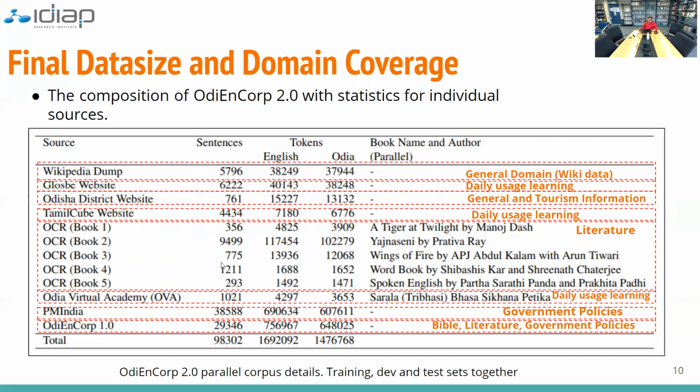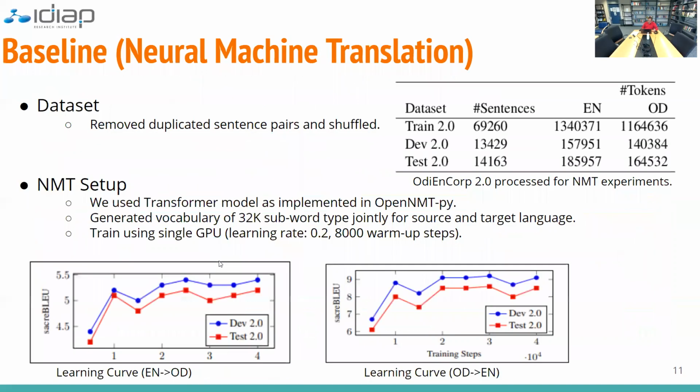So finally, the Odian Corp 2 is around 1 lakh sentences. And we have split the corpus into training, development, and test sets, to be used directly for machine translation to train the models and for evaluation.